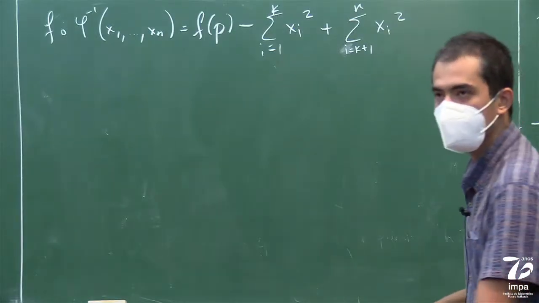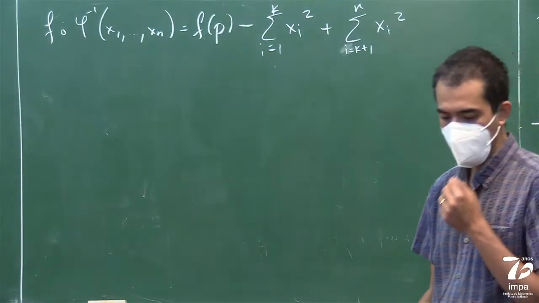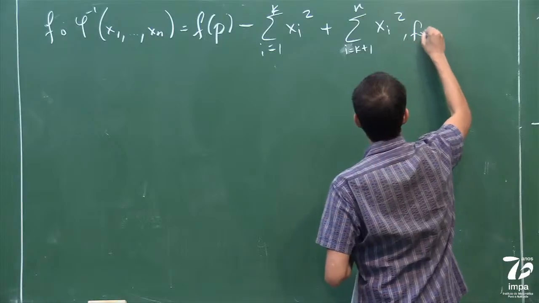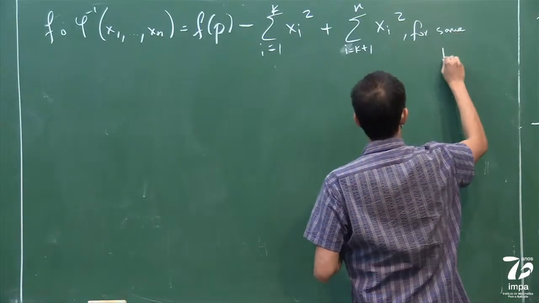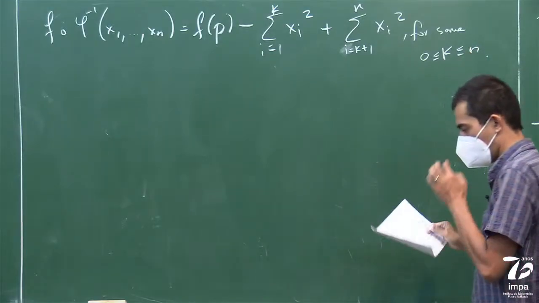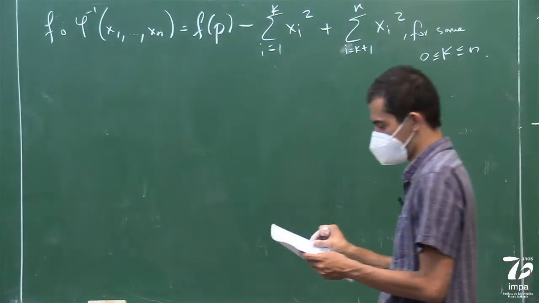So basically, you can find a chart so that the function in that chart is just a bunch of xi squareds with pluses or minuses. Okay? So this is for some k between 0 and n. Okay. So now let's prove this.